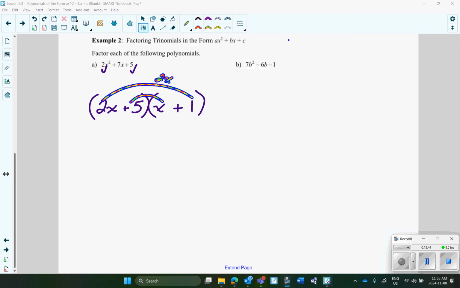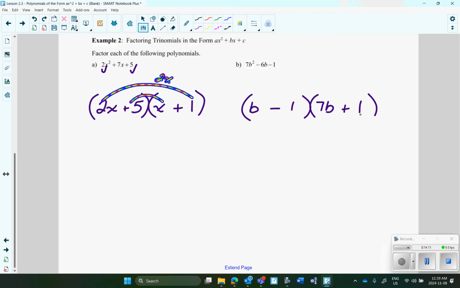Okay. What do we think it is? I think for the first graph it's going to be b - 1. Okay. And then for the second graph it's going to be 7b + 1.